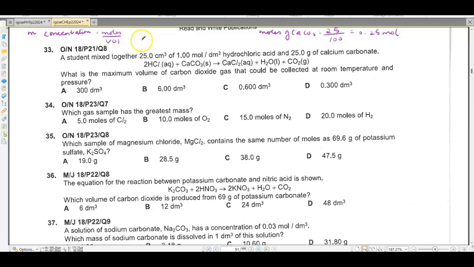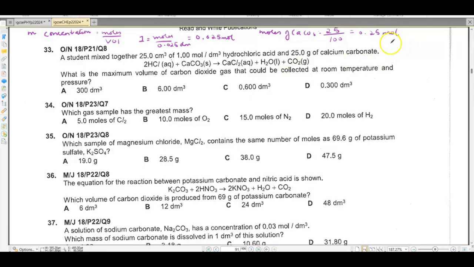So concentration over here is 1 mole per decimeter cubed. Moles we have to find and the volume is 25 centimeter cubed. So this is going to be 0.025 decimeter cubed. So the moles according to this concentration are 0.025.